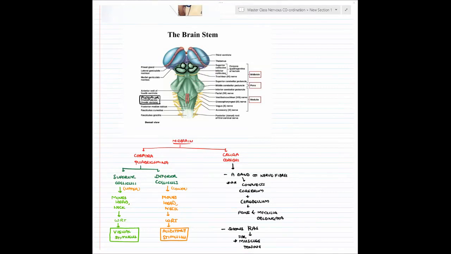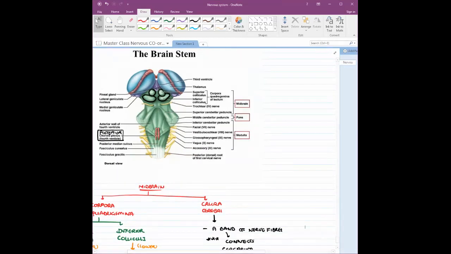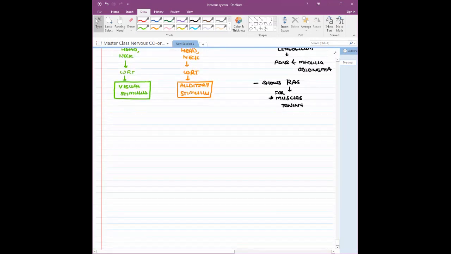So now guys, after this, we have to go into the hindbrain. Let's see what this hindbrain is going to be like. Now we are in our hindbrain. The forebrain is done, the midbrain is done, we are into hindbrain. What is this hindbrain also called, guys? This is your rhombencephalon.